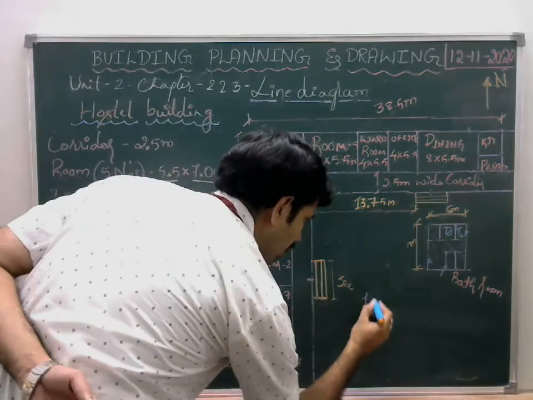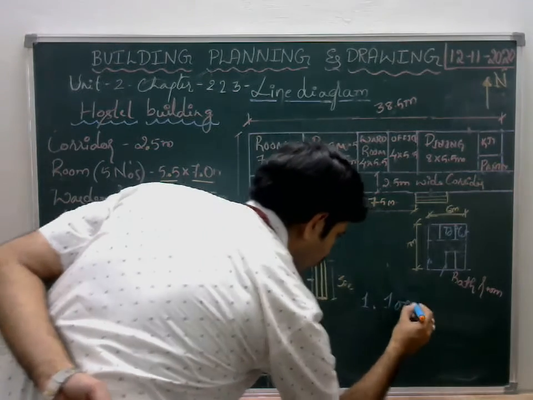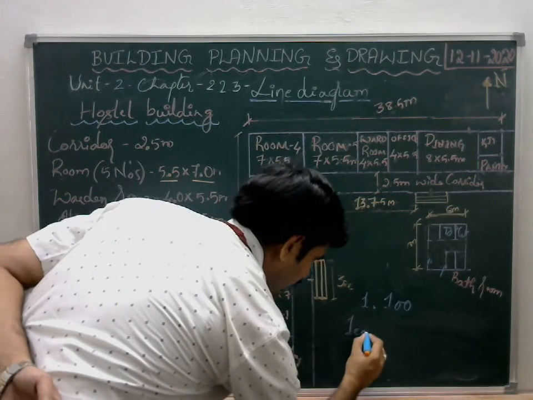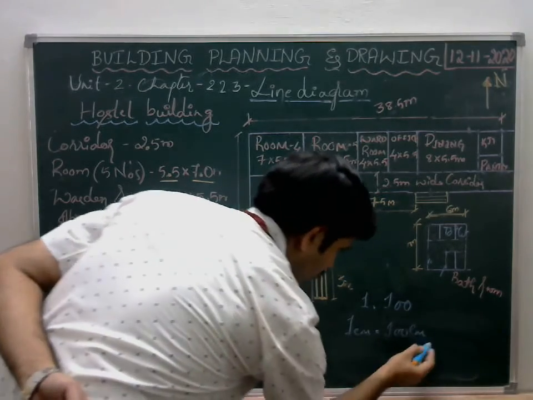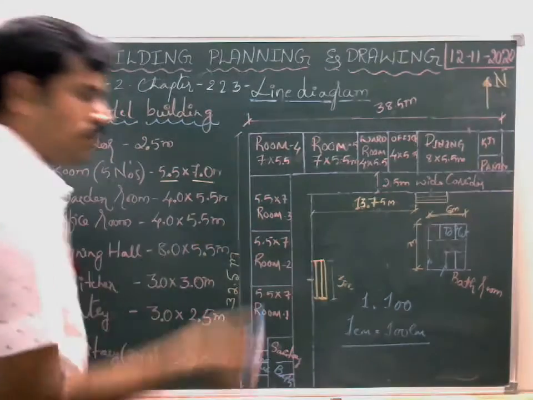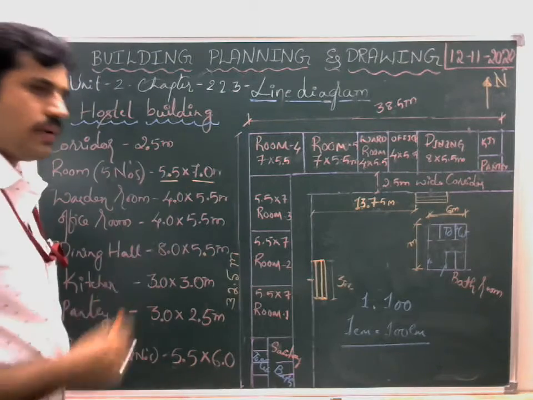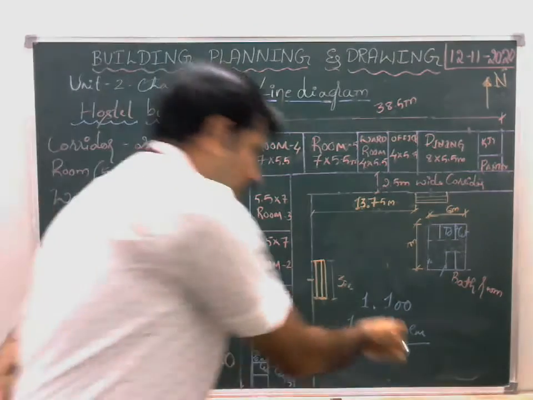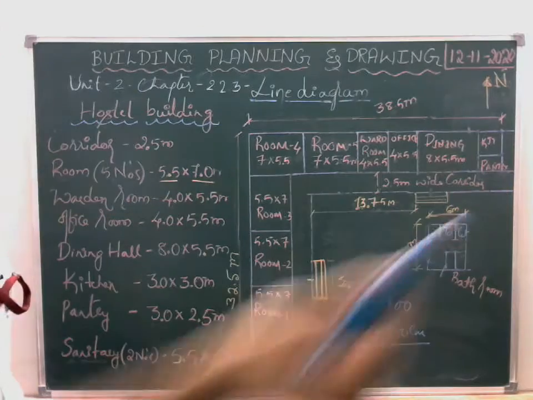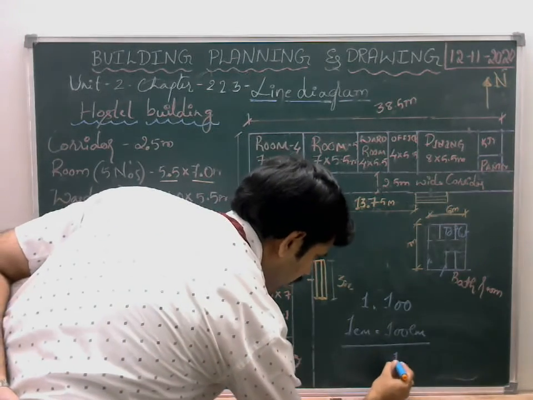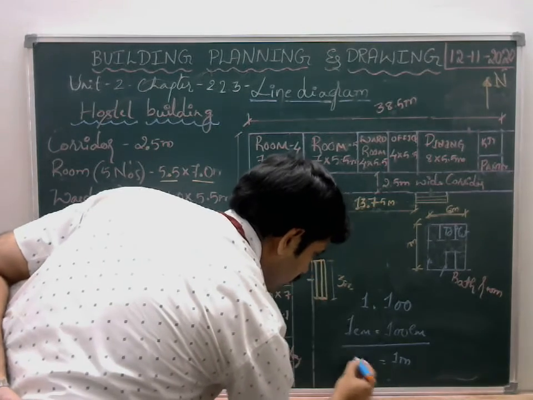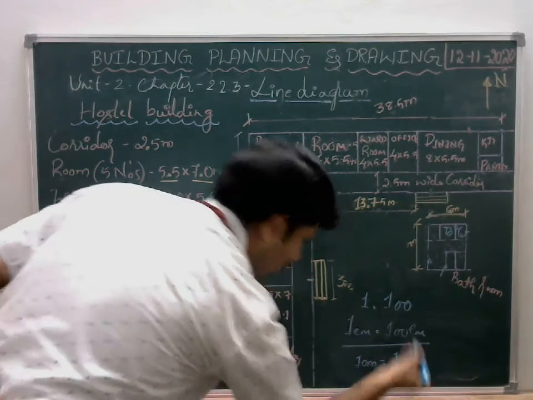That means 1 centimeter is equal to 100 centimeter. So 1 centimeter measured on the paper will be equivalent to 100 centimeter measured on the ground. 100 centimeter is equivalent to 1 meter. So it can be written like this: 1 centimeter is equal to 1 meter.